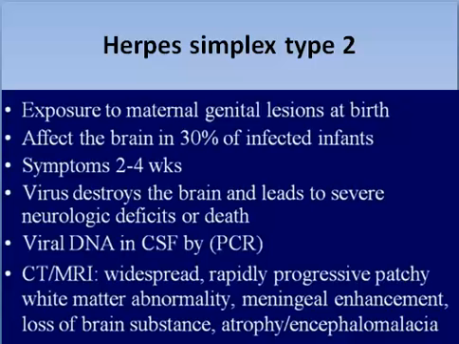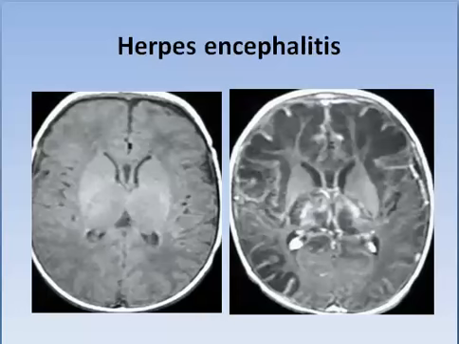So herpes simplex type 2 is very dangerous and affects the brain in 30% of infants. It is due to exposure to maternal genital infection.